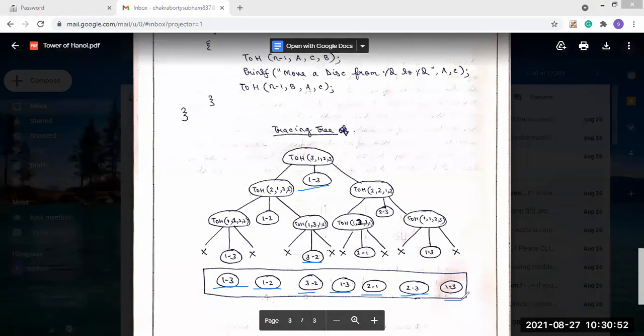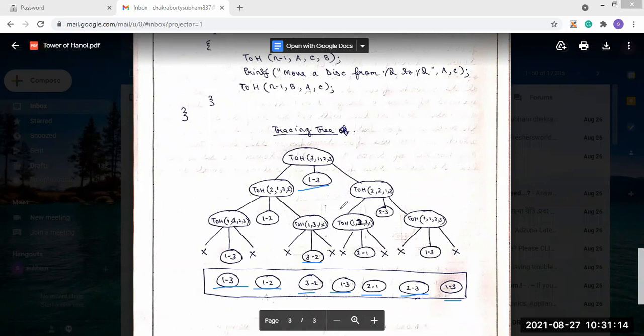So if we perform these steps with the 3 discs placed in the tower, then the discs will be moved from the tower.